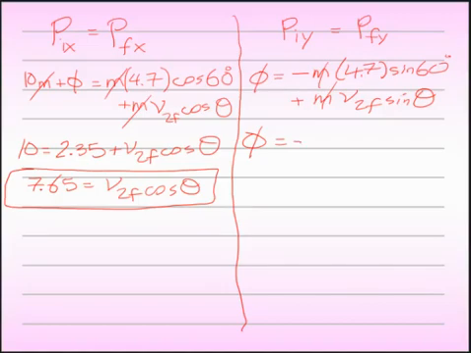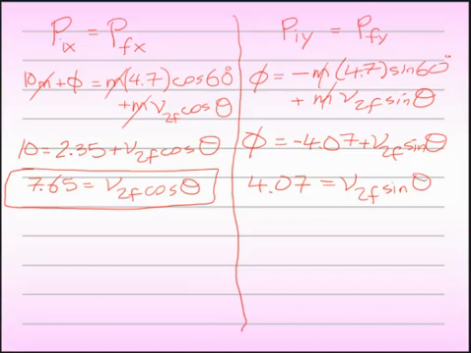So negative 4.07 plus v2f sine of theta, which means I'm going to move the negative 4.07 to the other side. 4.07 equals v2f sine of theta. And that's my second equation. They perfectly line up. Done.